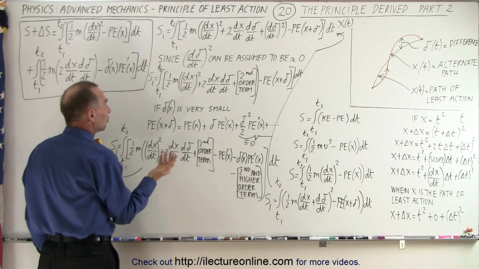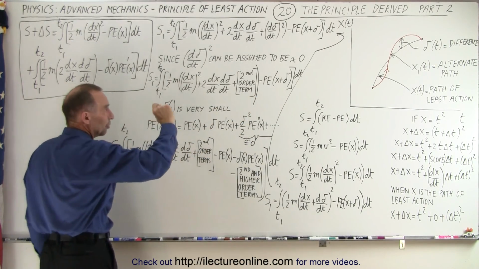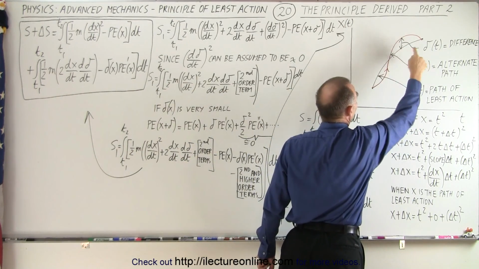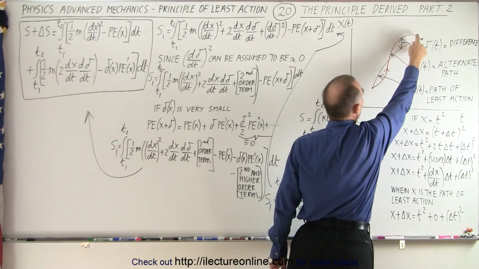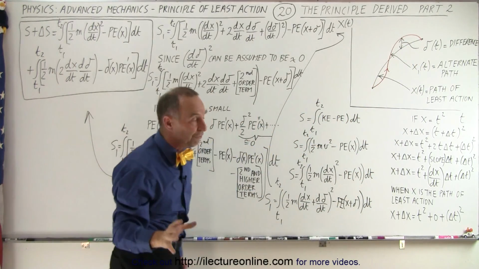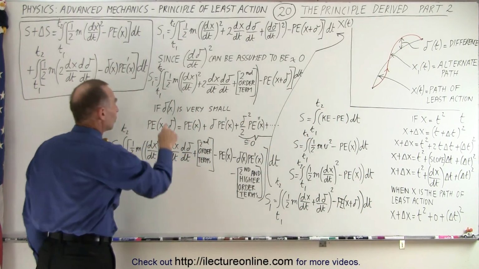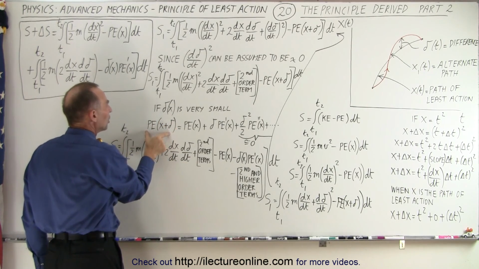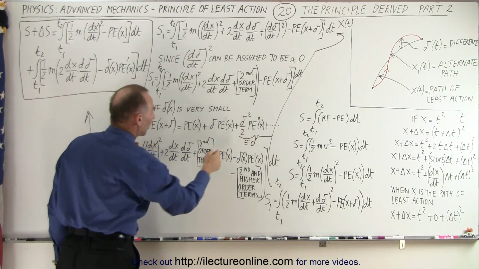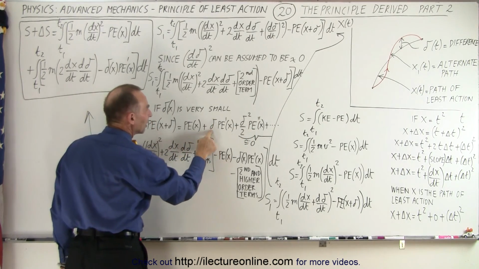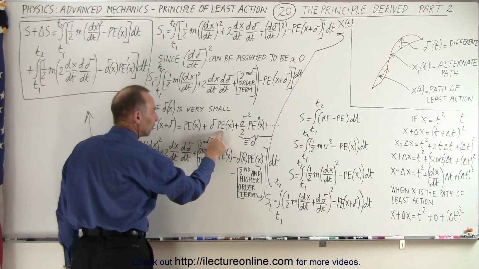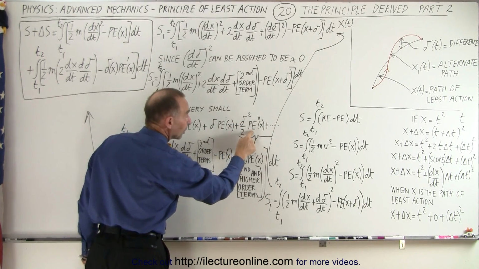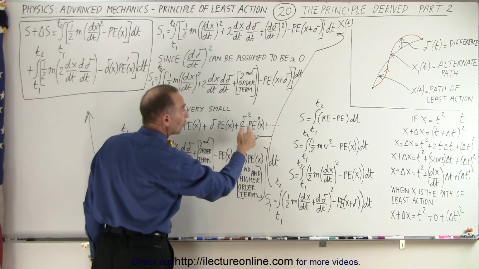What we can do is realize that delta x, the function that represents the difference between the minimum path, the path of least action, and an alternate path slightly different from it, must be very small. We can then write the potential energy as an infinite sum: the potential energy, plus delta times the first derivative of the potential energy, plus delta squared over 2 times the second derivative of the potential energy, and so forth.